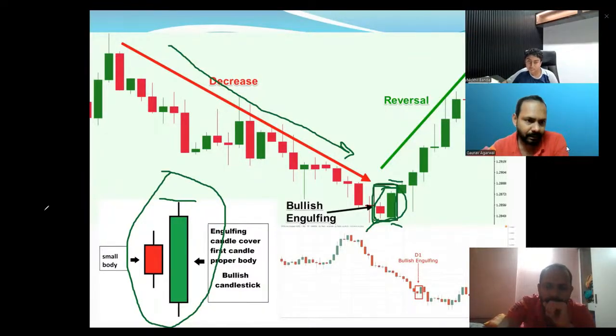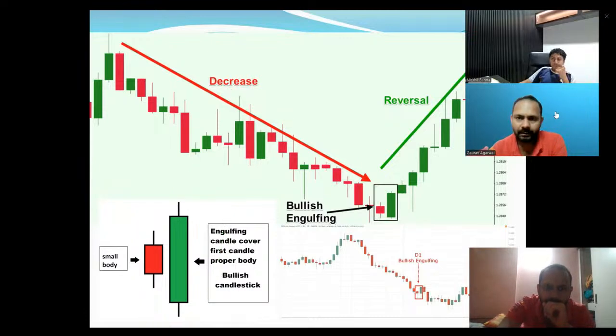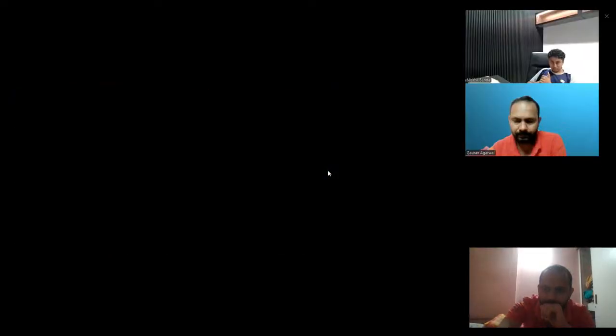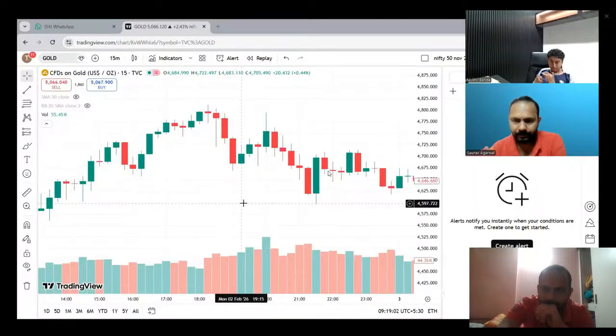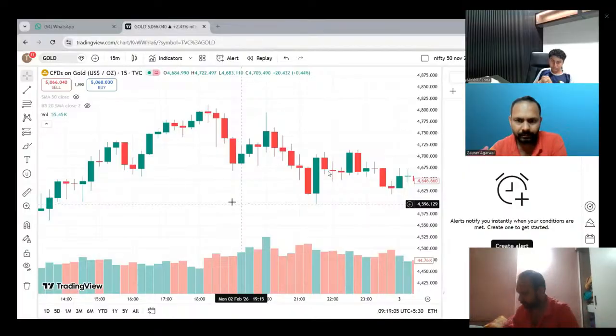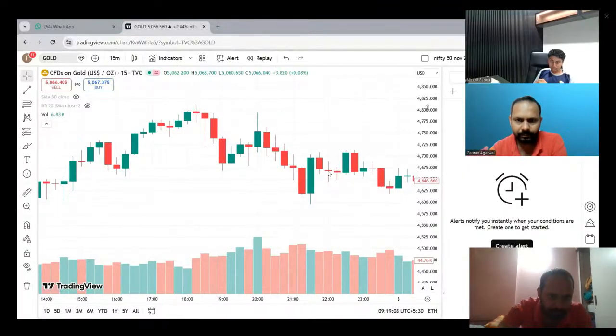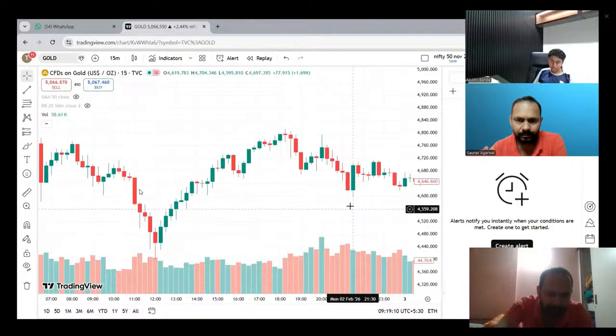Let's try to see in the chart if we can find this candle once again. See this one.